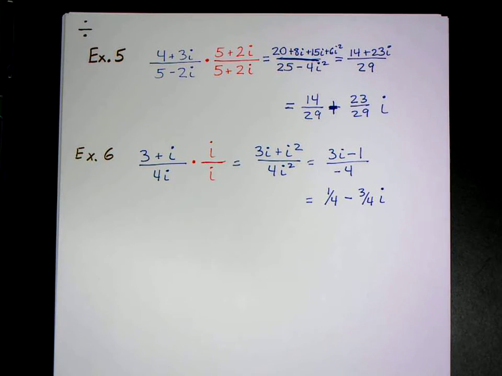Okay, let's see, what else do we need to do? So we talked about multiplying, we talked about complex conjugates. Let me look through your homework, make sure I'm not missing anything there. So we did that, we did that, we did that. You can do that on your own.